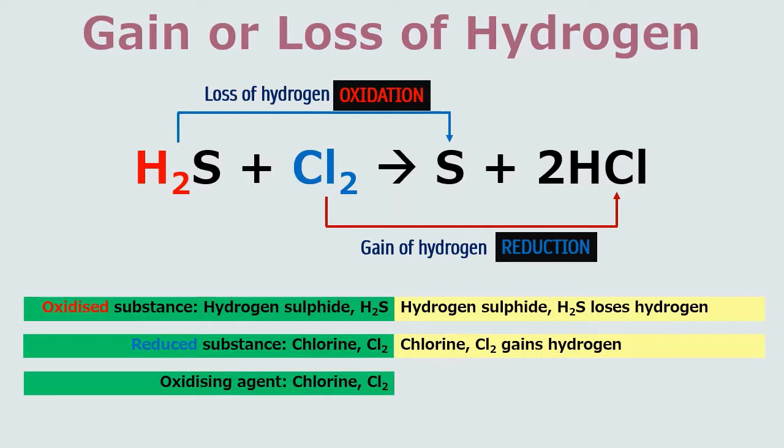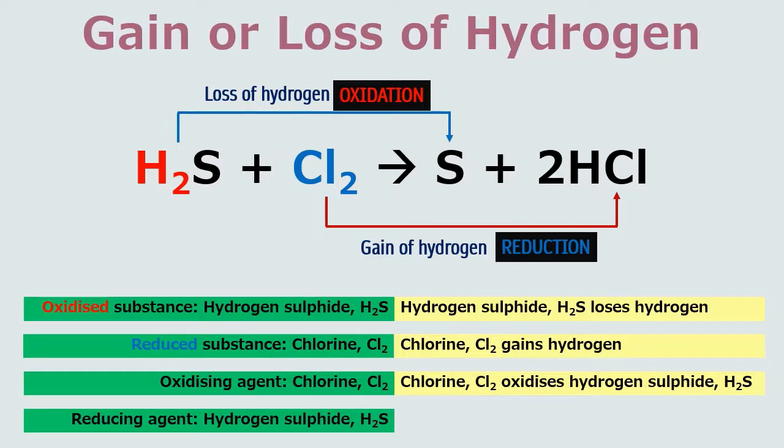Chlorine molecule is an oxidizing agent because chlorine helps hydrogen sulfide undergo oxidation, while hydrogen sulfide is a reducing agent because hydrogen sulfide helps chlorine undergo reduction.